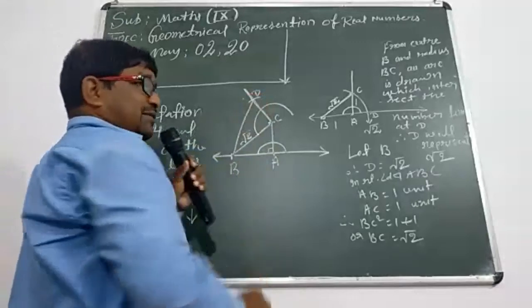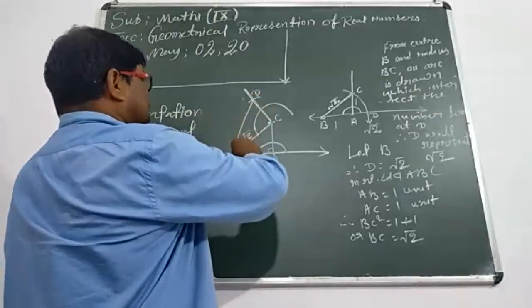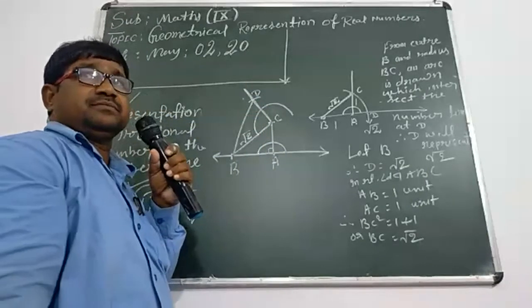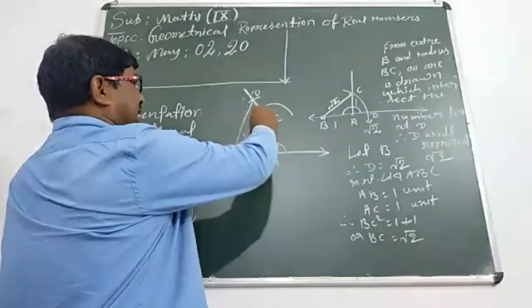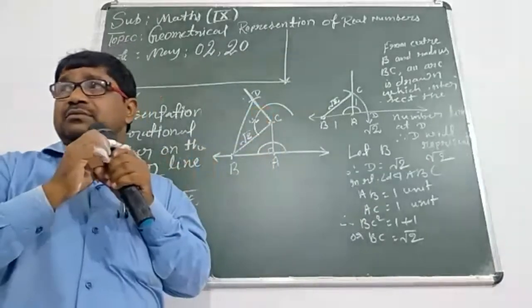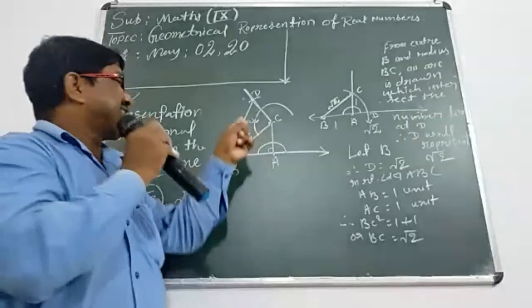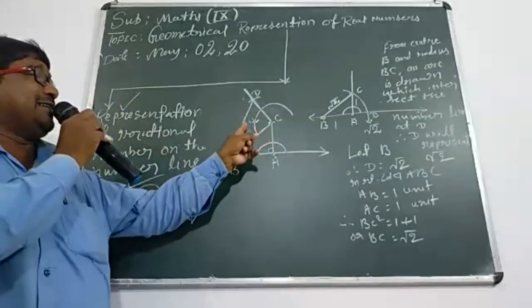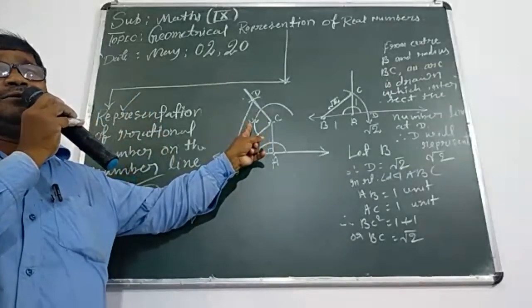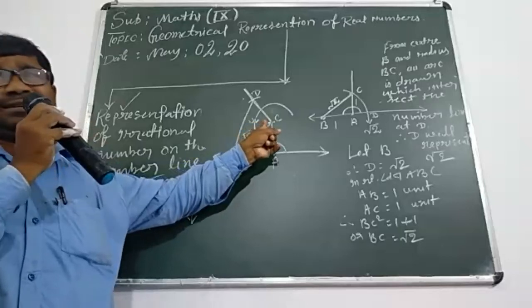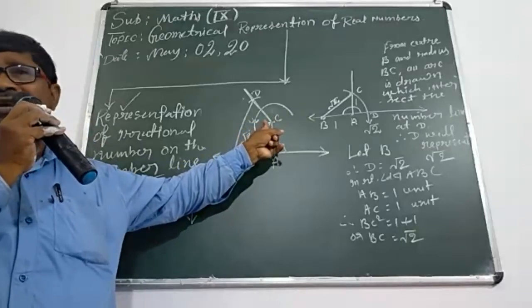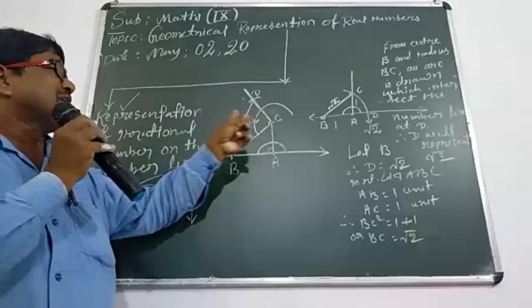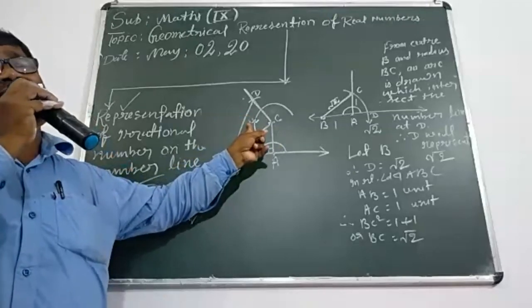B and D. Now think about the length of BD. Students, this is also a right angle triangle. Why? Because this angle is 90 degrees, constructed by you yourself. This triangle is a right angled triangle.